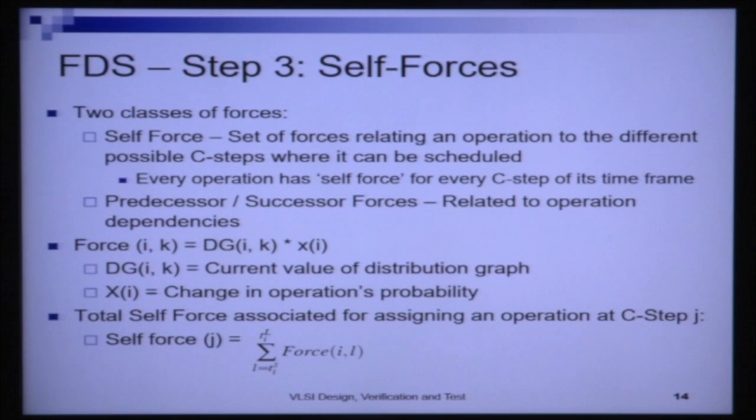The total self force for assigning an operation at C step j is given by summation over all its possible time steps where it can be scheduled, of the force. So, self force at time step j is given by the total force for that operation at different time steps where it can be scheduled.